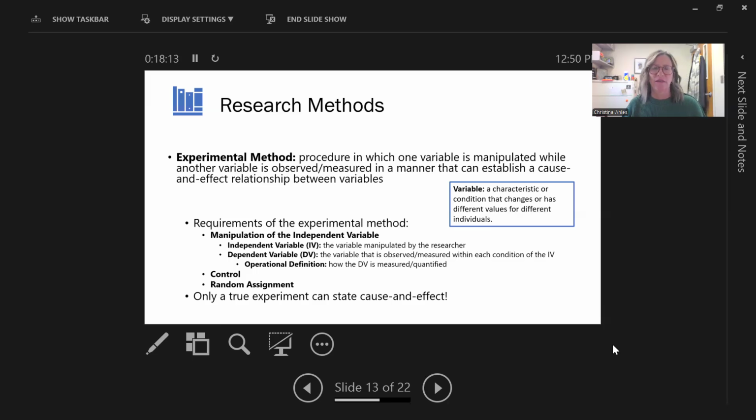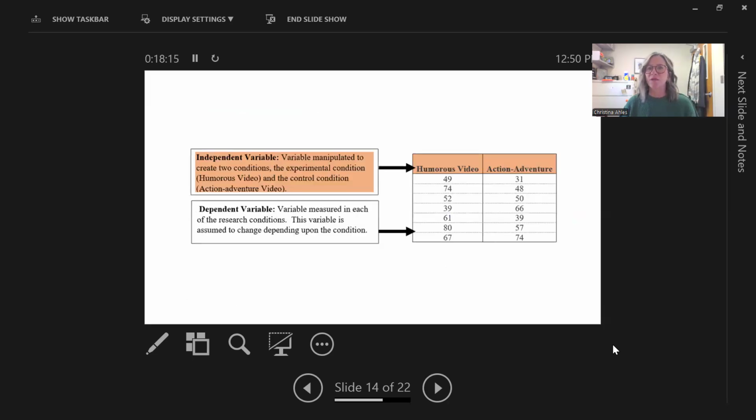So let's take a look at this a little bit further. As you can see, we have two groups here, and it explains the independent variable. It's the variable manipulated to create two conditions in this case. The experimental condition is the humorous video, and the control condition is the action adventure video.